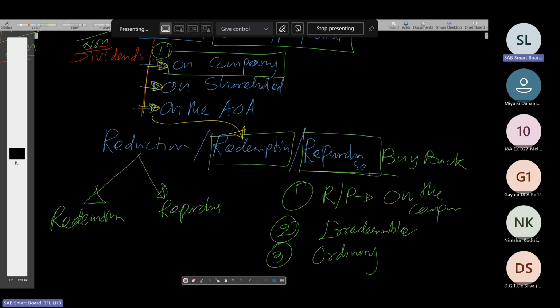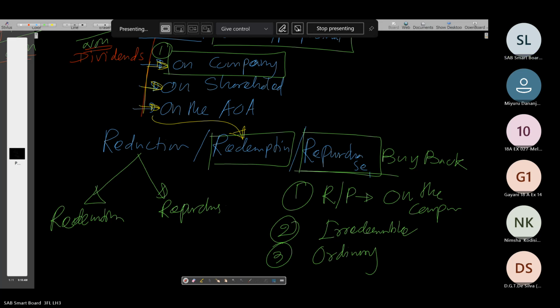Repurchase means these three. Redemption of redeemable shares on the option of the company. Altogether, we can identify this as reduction.